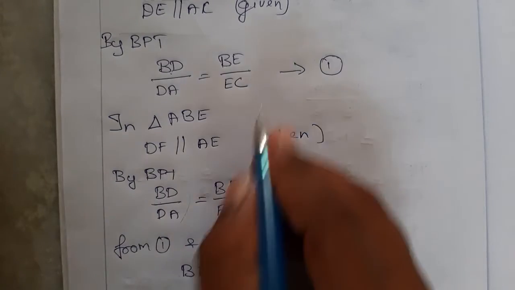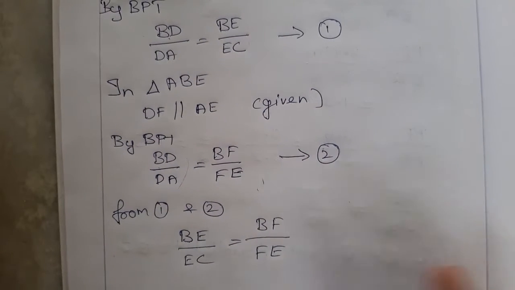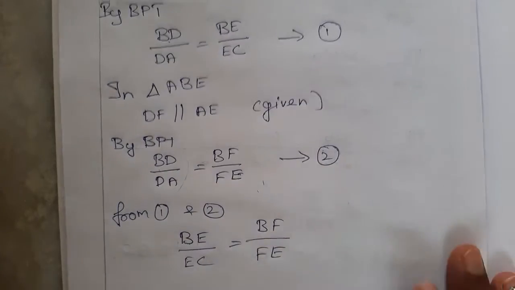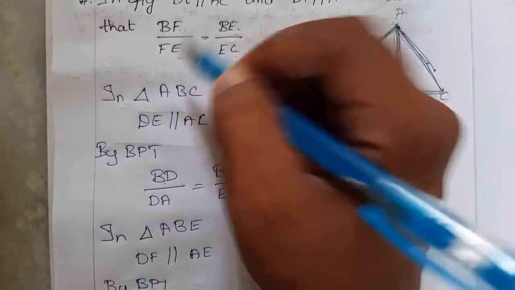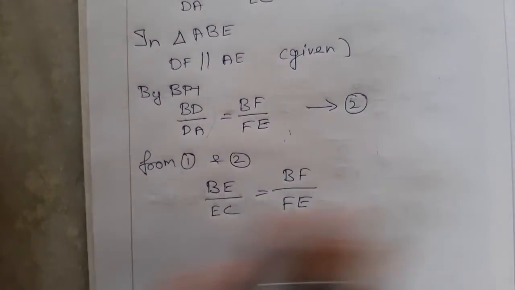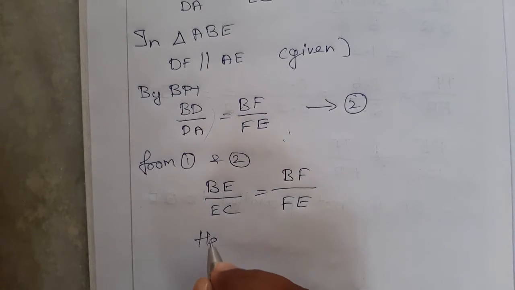So BE by EC is equal to BF by FE. This is what we have to prove, right? Order doesn't matter. LHS or RHS, both are equal. Clear? So hence proved.